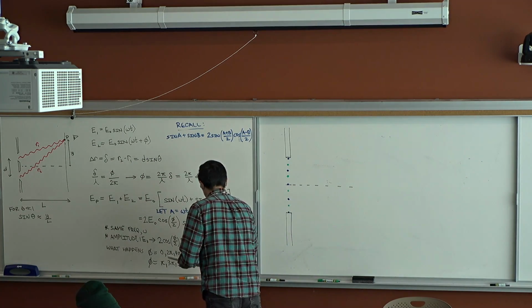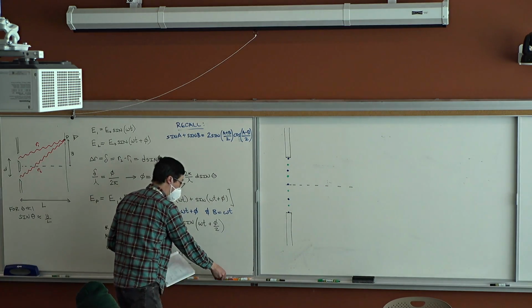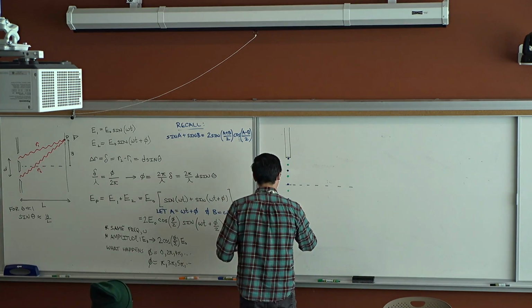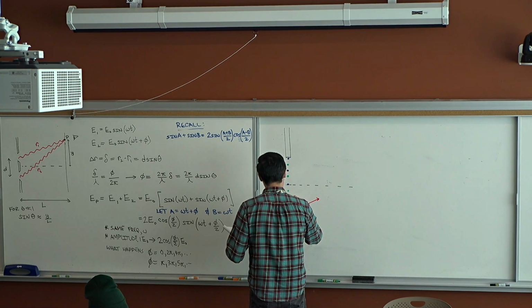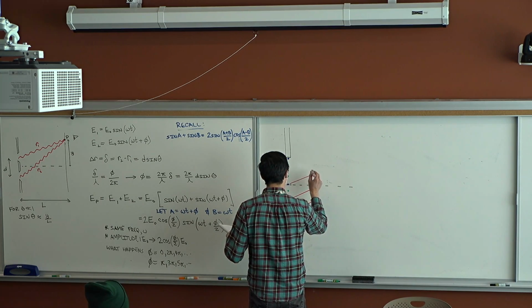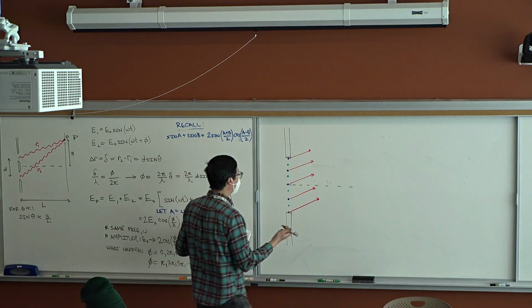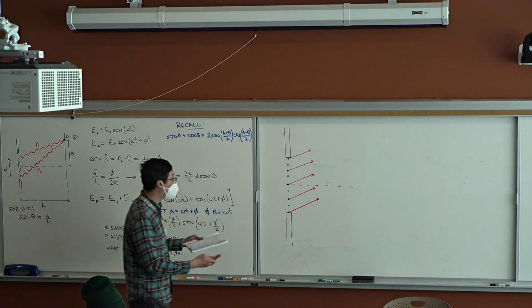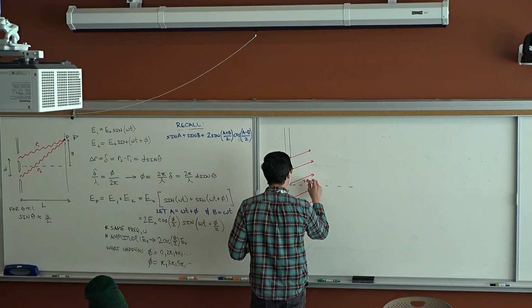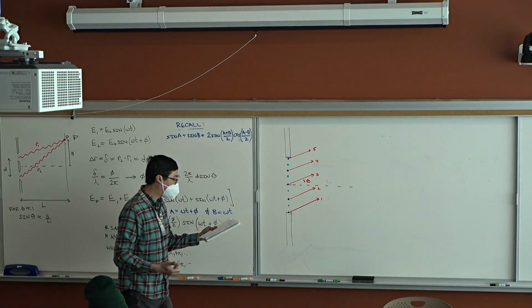Trying to draw these all parallelish. I'm going to label these 1, 2, 3, 4, and 5.